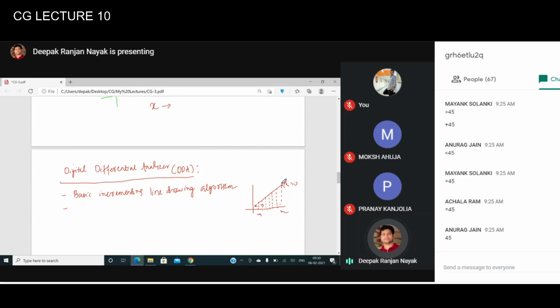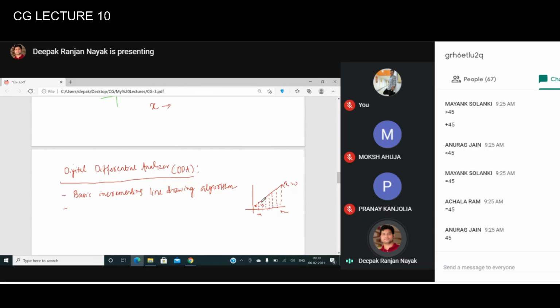What I mentioned is that we sample the line at unit intervals at one coordinate. Please remember, we sample the line at unit intervals at one coordinate. In this particular case, we sample the x coordinate values and determine the corresponding integer values nearest to the line path for the other coordinate.